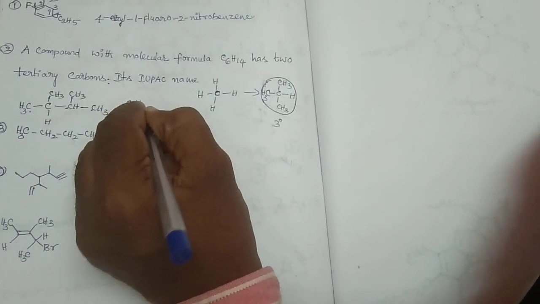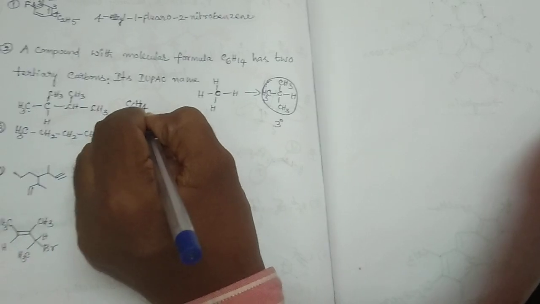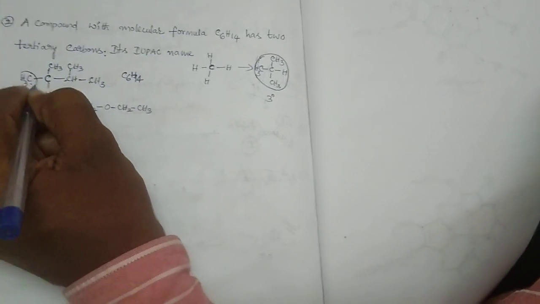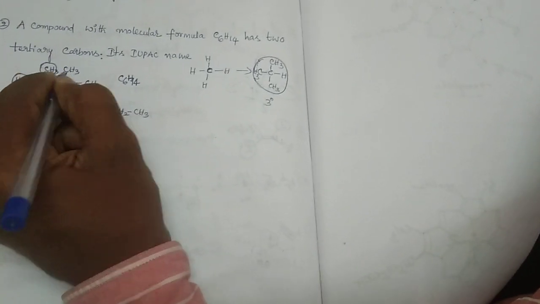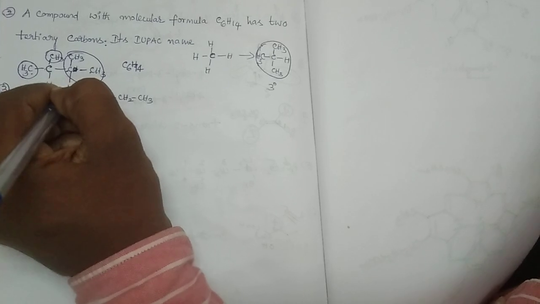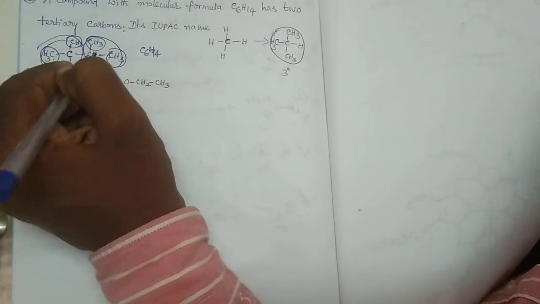So C6H14 is there. You can see that here the 3 hydrogens in the methane are replaced by 3 alkyl groups, 1 2 3. So this is the tertiary carbon, and here also this hydrogen I will put here. So here also one hydrogen is replaced, another hydrogen is replaced, and the third hydrogen is also replaced.